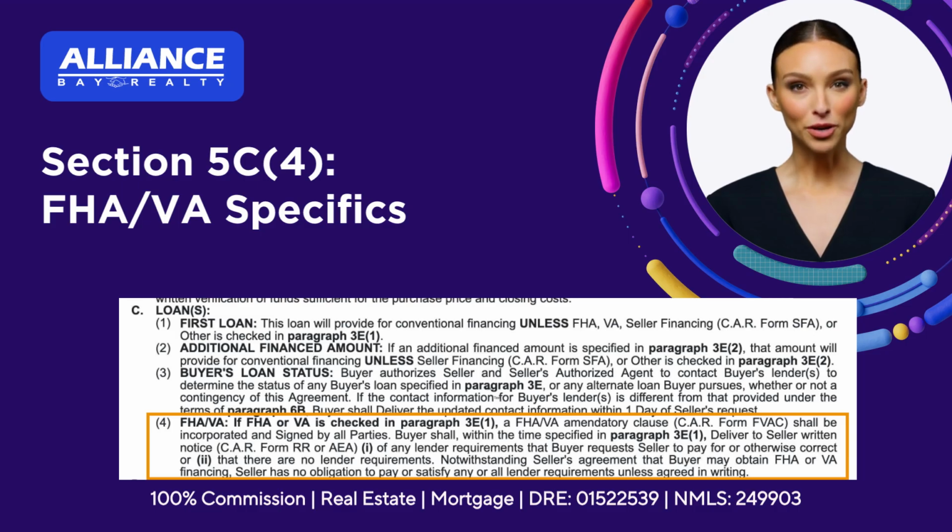It is important to note, even though buyer may obtain FHA/VA financing, seller is not obligated to pay lender requirements unless the seller agrees in writing. Remember, if the appraisal or lender conditions shift fees to seller, negotiate a written credit or price change, seller isn't automatically on the hook.